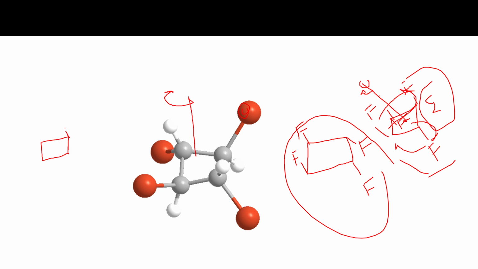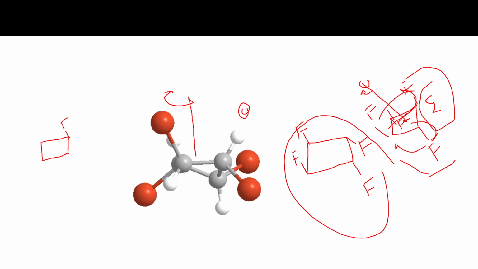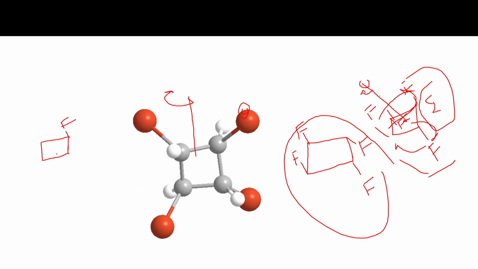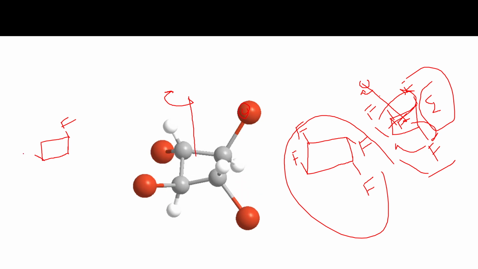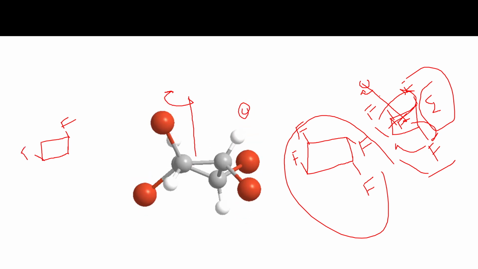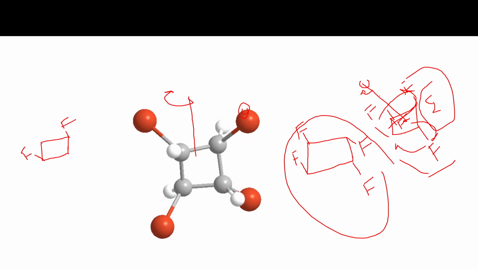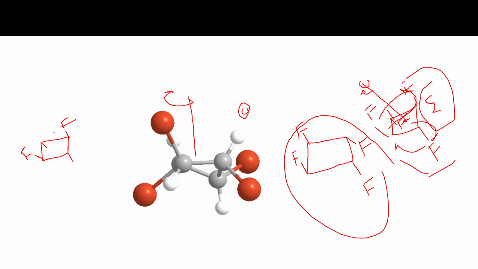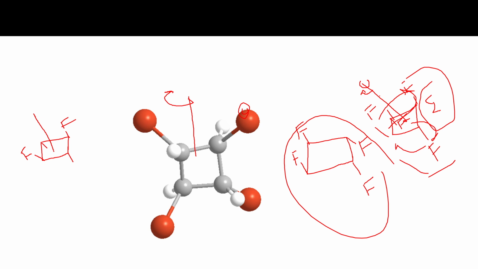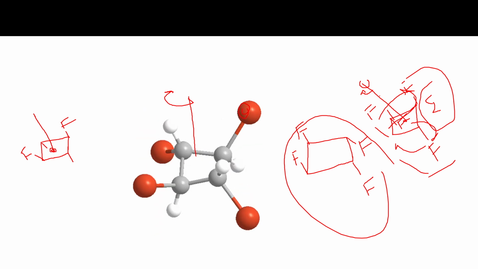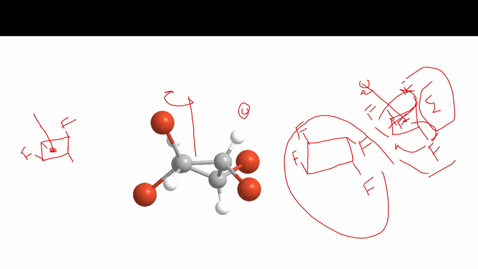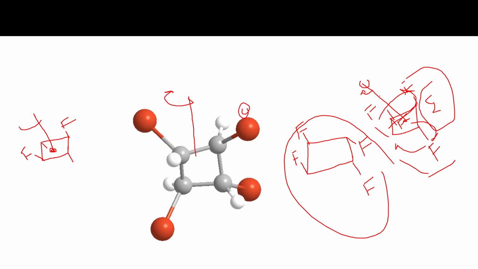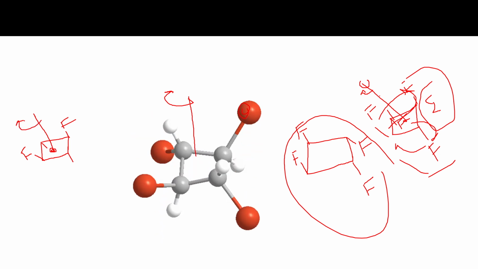There will be one fluorine above and this one is above, and this one is down fluorine. And if you hang this one from this point and rotate it 180 degrees, are these indistinguishable or not?